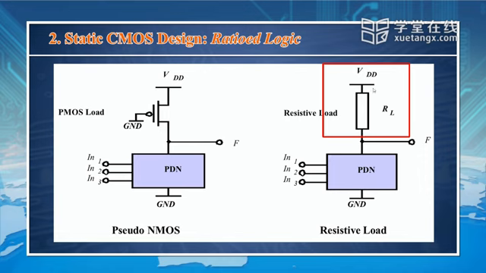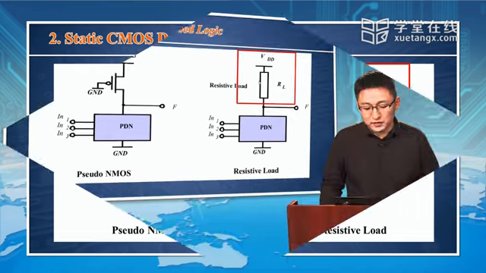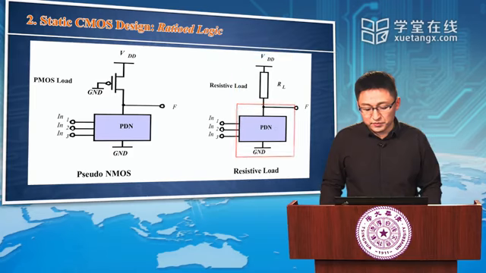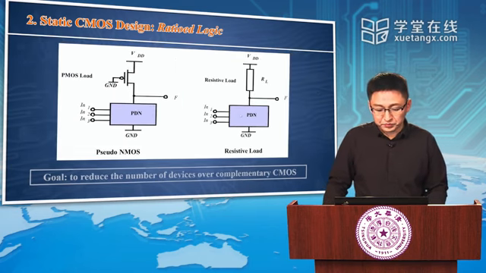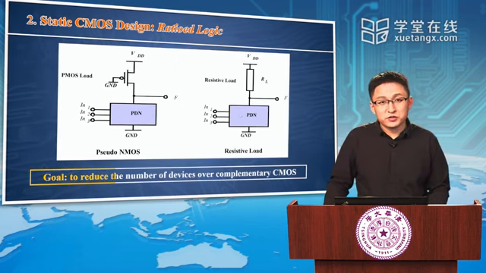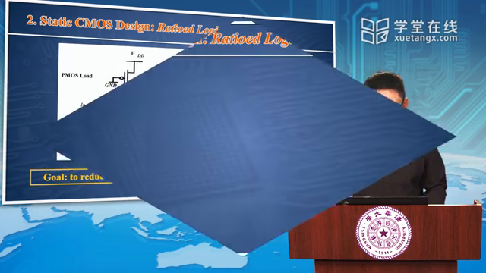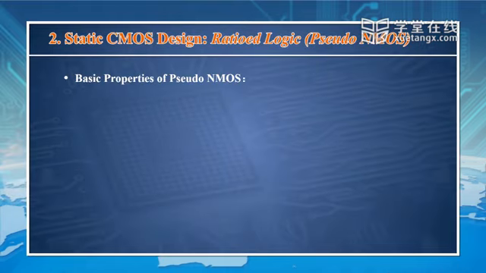We have a resistor here. The resistor serves as the load device, and we have the same pull-down network here. So this is called pseudo-NMOS. This is called resistive load. Our goal is to reduce the number of devices compared with complementary CMOS. This is a basic property of pseudo-NMOS.